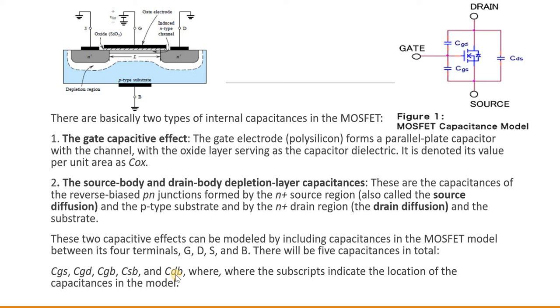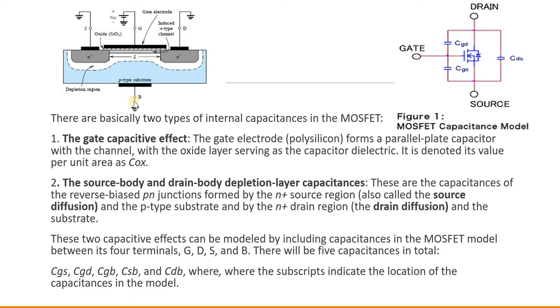These capacitive effects can be modeled by including the capacitances in the MOSFET model between its four terminals: gate, source, drain, and body.